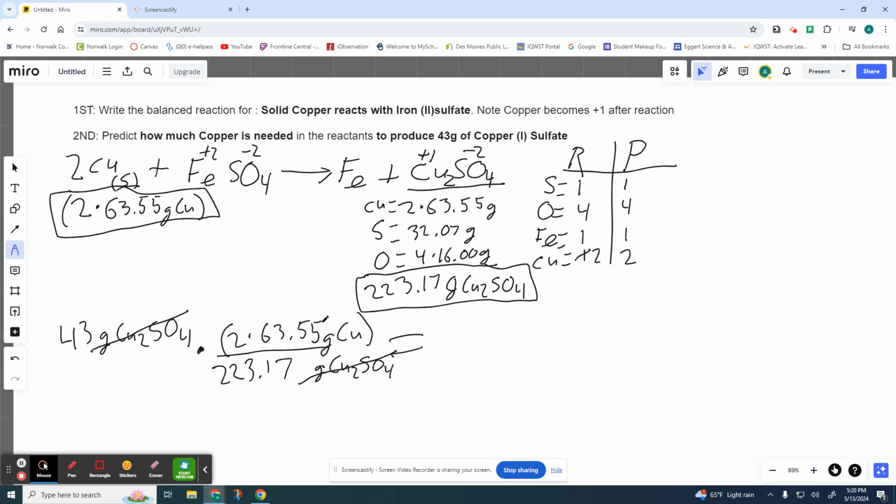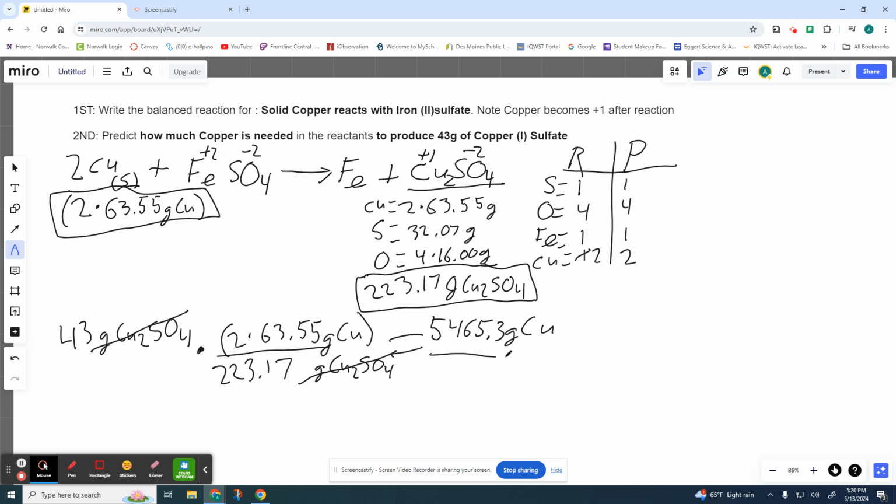So if you take 43 grams times the whole package of 2 times 63.55, you should get approximately 5,465.3 grams of copper.